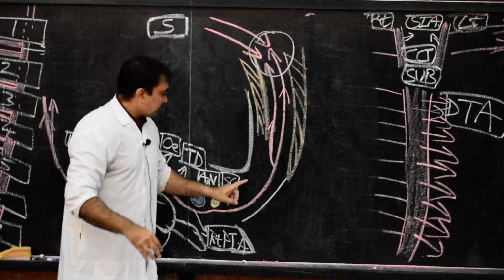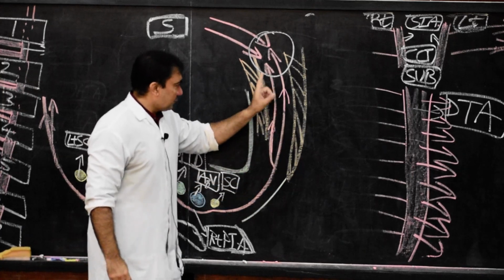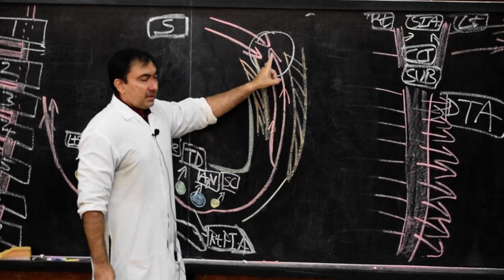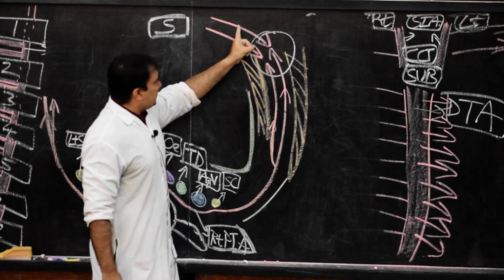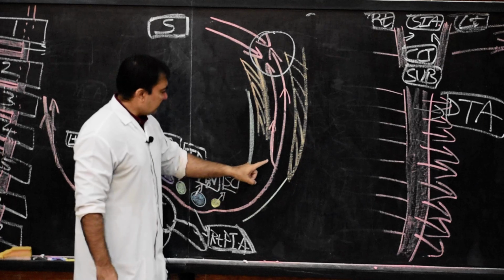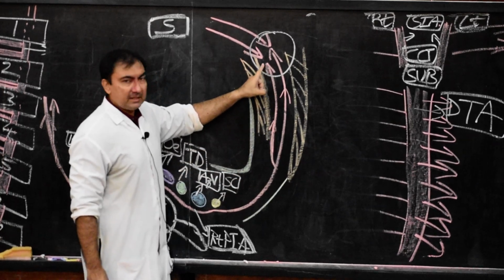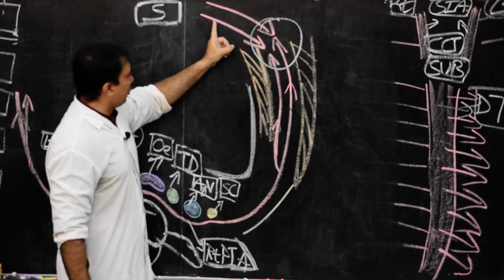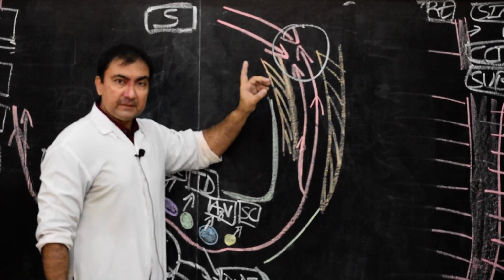Very simple. So the posterior intercostal artery, both on right and left side, will anastomose with upper anterior intercostal artery of that particular space, and the collateral branch of posterior intercostal artery will anastomose with the lower anterior intercostal artery of that particular space.